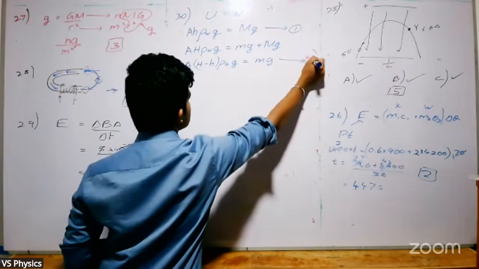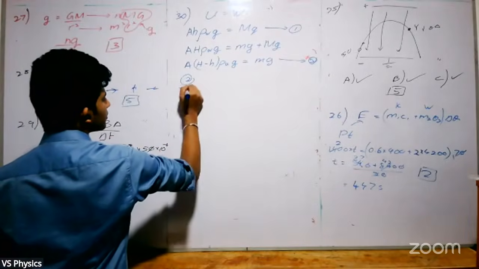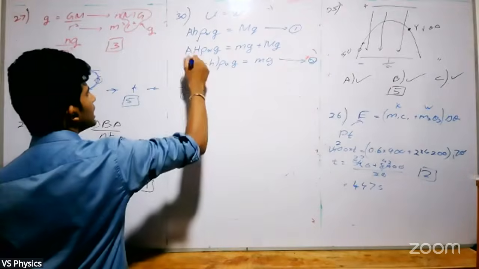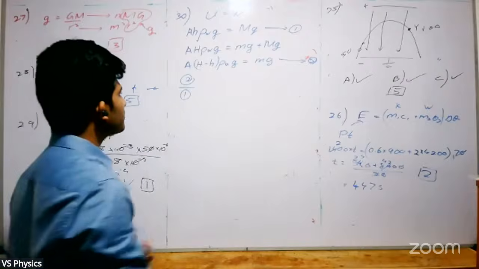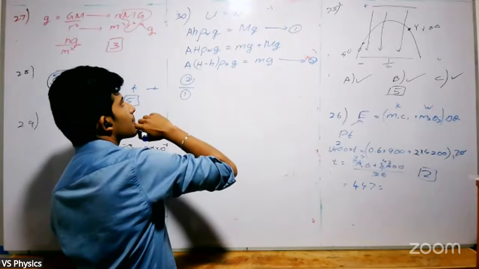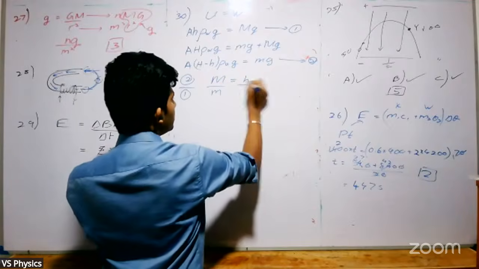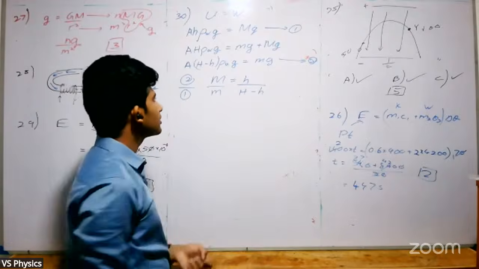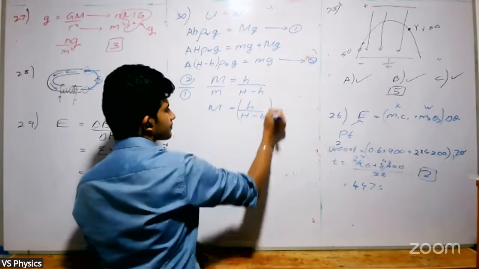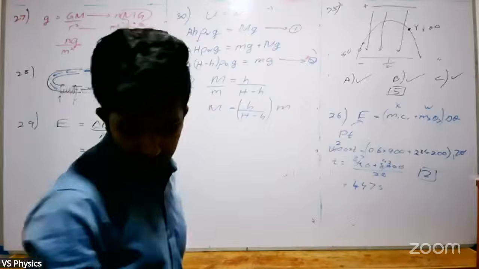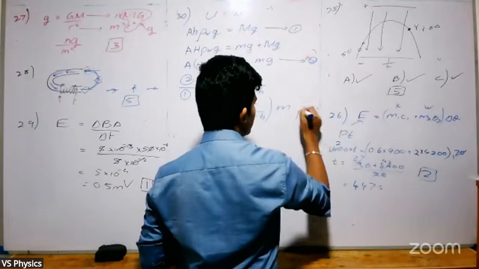This is our second instance. If we divide 2 by 1, the areas cancel, rho water g cancels, and g cancels. Finally we get m over M is equal to h over (H minus h). That is going to be our fourth answer.